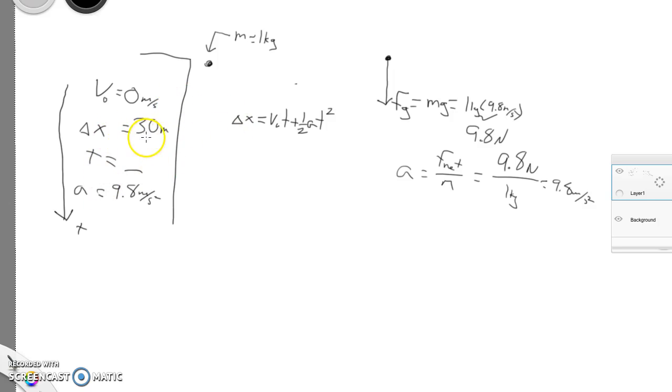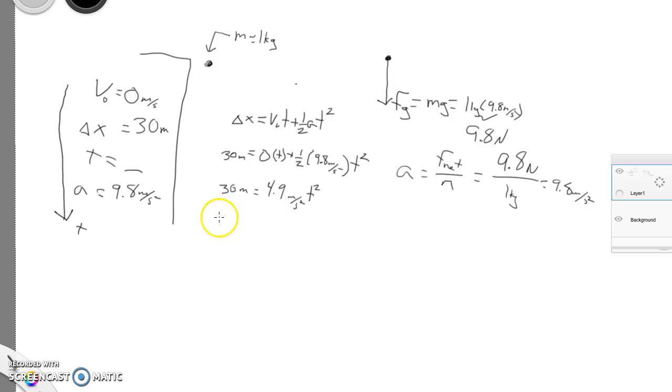And so our displacement is 30 meters, our initial velocity is 0, our acceleration is 9.8, and then we're solving for t. So we get 30 meters equals 1/2 times 9.8, which is 4.9 meters per second squared, times t squared.